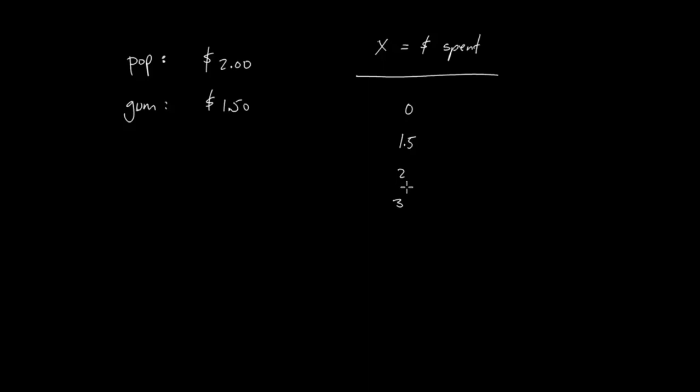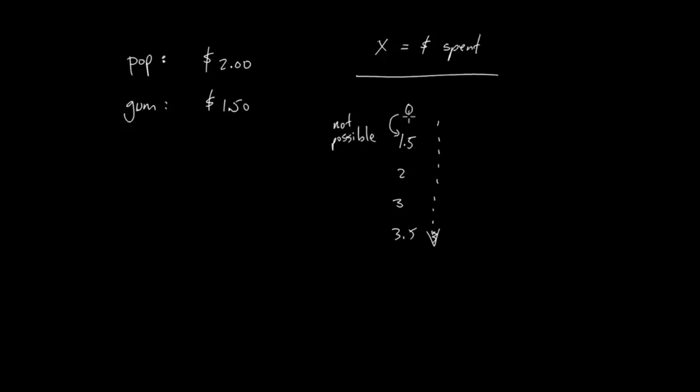Or maybe somebody bought a pop and a pack of gum. That's $3.50. And so on. Basically, I can keep going forever, and I can have tons and tons of new values. But what I'll never see is any values between 0 and 1.5. This is not possible.